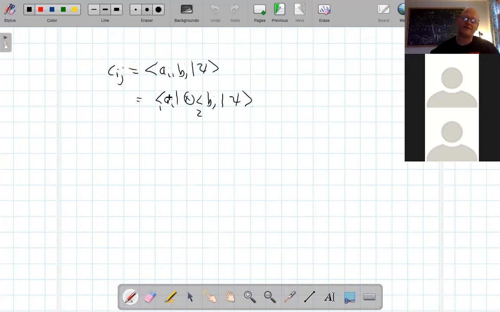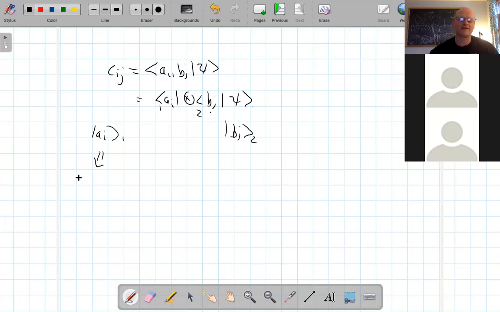Now, another thing to note is that the AIs don't have to do anything with the BJs. So, for example, particle 1 could be a spin 1/2 particle, where particle 2 could be a spin 4 particle. So they don't necessarily even have to have the same spin degrees of freedom. So AI for particle 1 doesn't necessarily have to have anything to do with BJ for particle 2.